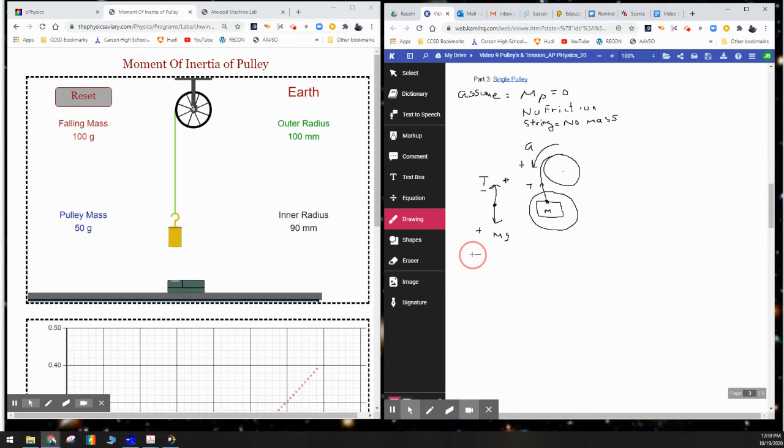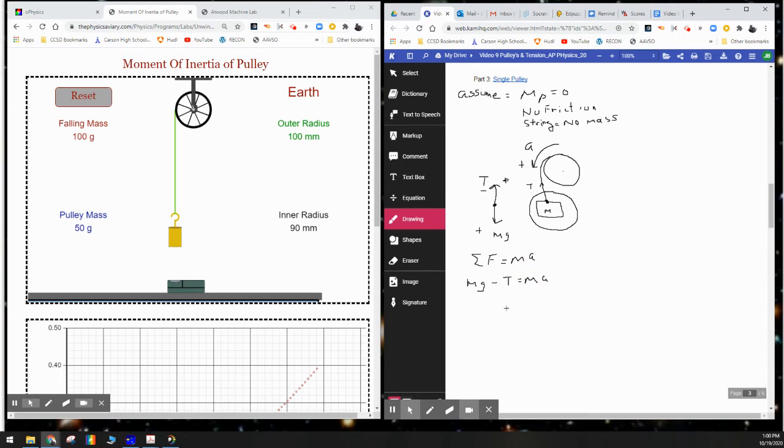So we do our sum of the forces. There's only one system here, equal to ma, right? So mg is going down, and the tension should be negative here. So mg minus tension is equal to ma.